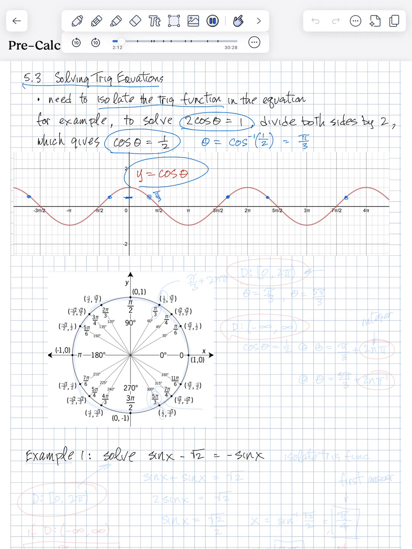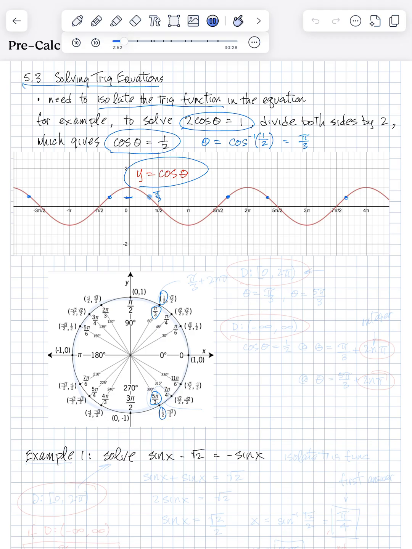And so if we were to look at our unit circle, the cosine is the x value. So here we have an x value of 1/2, and that's how we get pi over 3. But also, it's flipped in the x-axis, we also have the cosine value equal 1/2 right at 5 pi over 3.